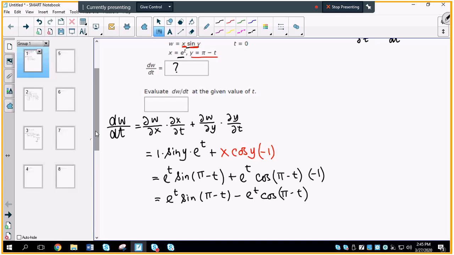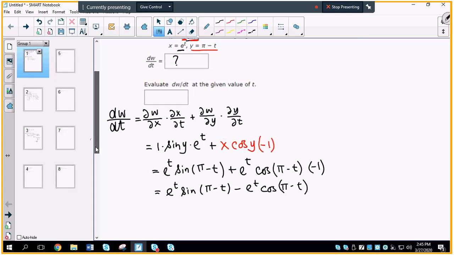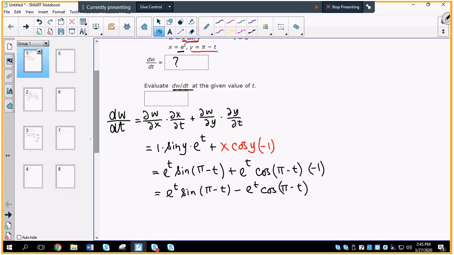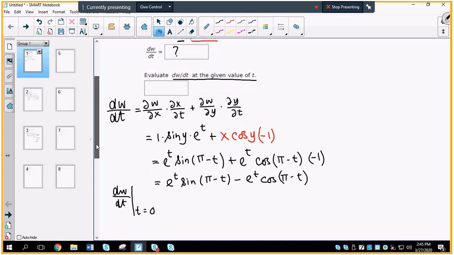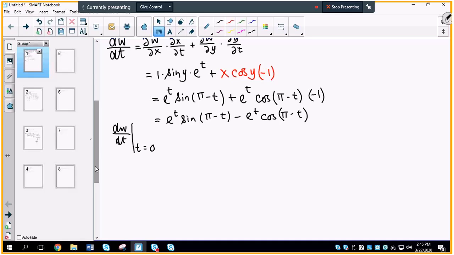That is your answer. Now I want to understand it at the given value of t. So I'm going to find dw dt, but the answer should be evaluated at t equal to 0. Well, let's see what we get. So this is going to be e to the power 0 sine of pi minus 0 minus e to the power 0 cosine of pi minus 0.